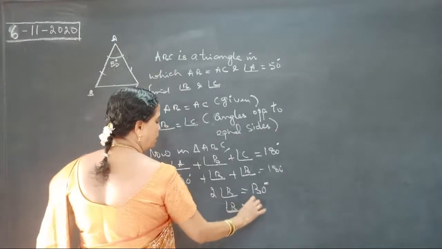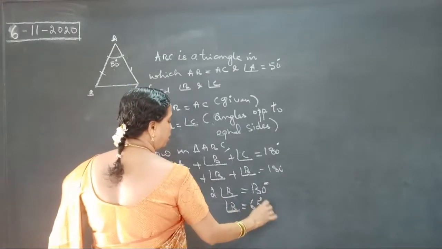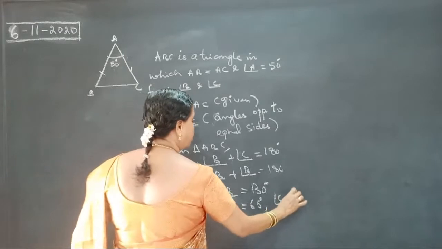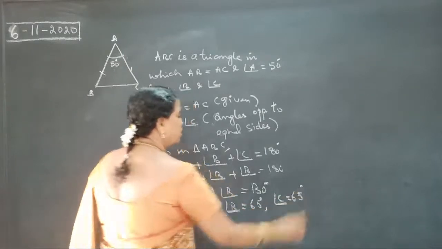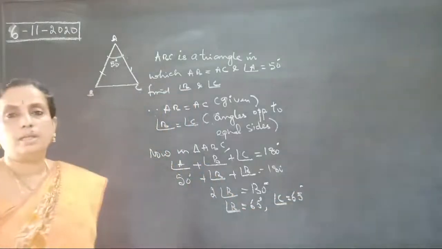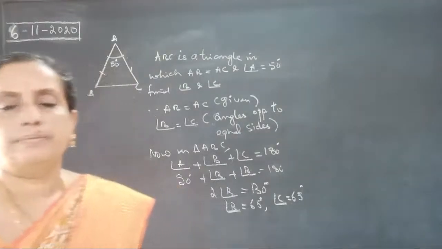Therefore, angle B equals 65 degrees. Angle C is also 65 degrees, since angle B equals angle C.